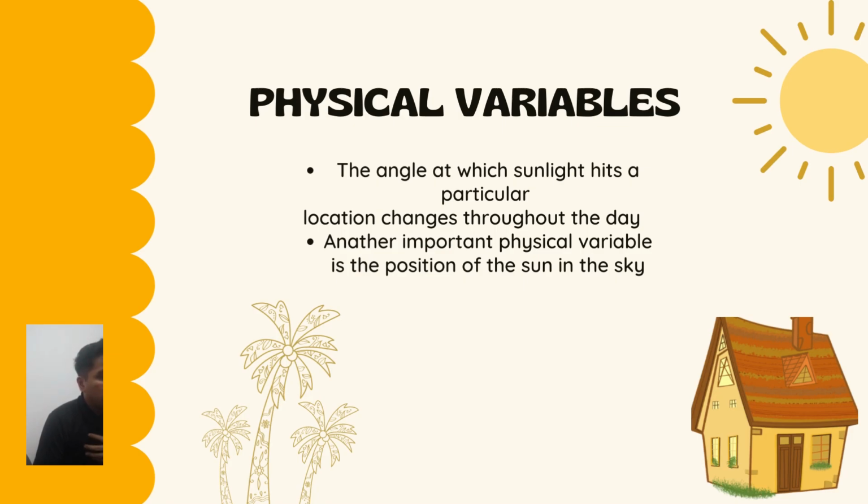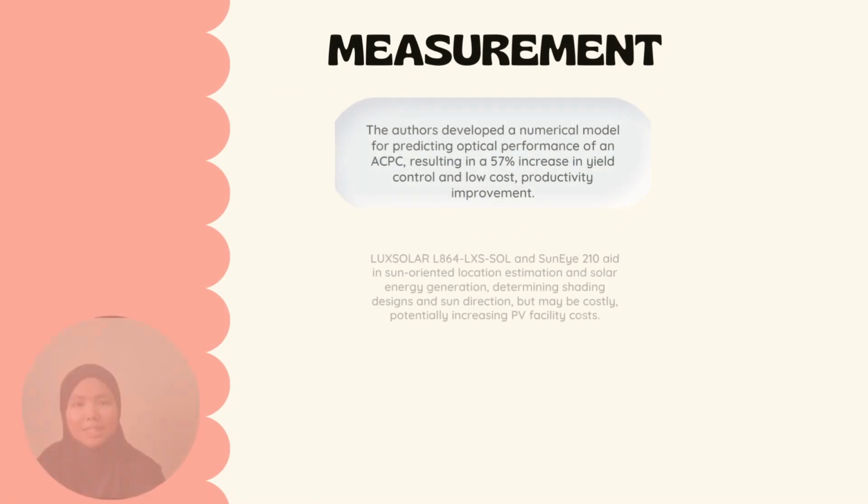One of the key advantages of using optical fiber for this purpose is low cost. Unlike traditional methods of measuring sunlight incident angle, which require expensive equipment and specialized training, an optical fiber system can be easily set up and operated by anyone with basic knowledge of the technology. Measurement system.